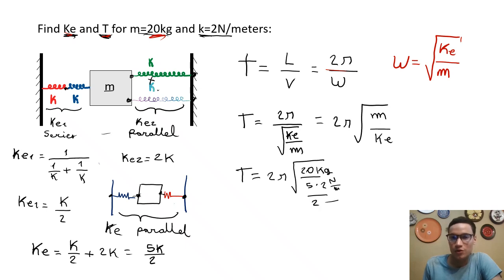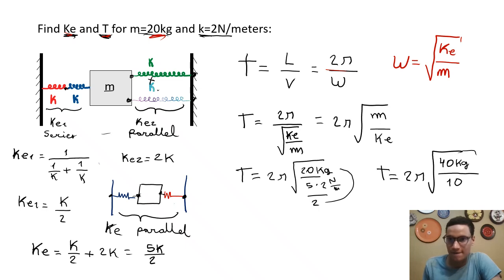So this 2 goes to the denominator and we get the period is 2 pi times the square root of 40 kilograms divided by 10 newtons per meter.